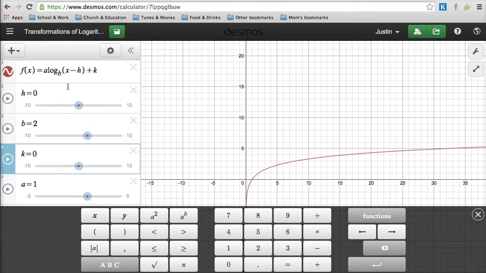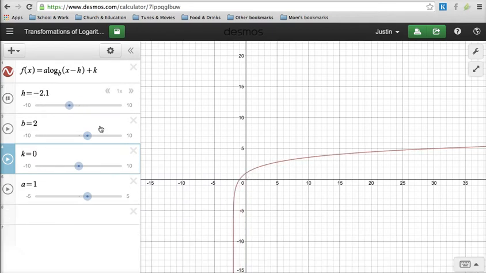Now let's look at the next most obvious thing, which is x minus h. You guys remember that if it's like x minus 3, then that would be moving it to the right 3. And if it's x plus 3, it'd be moving it to the left 3. So let's just watch that happen in action here.